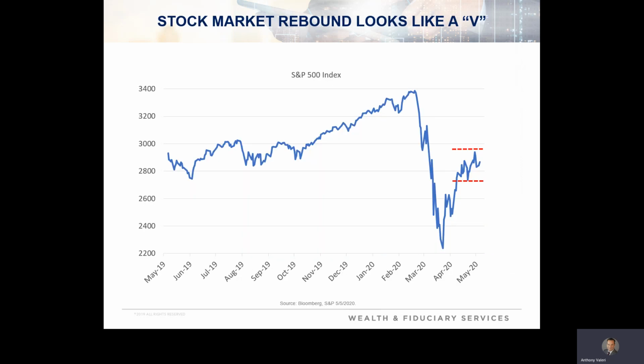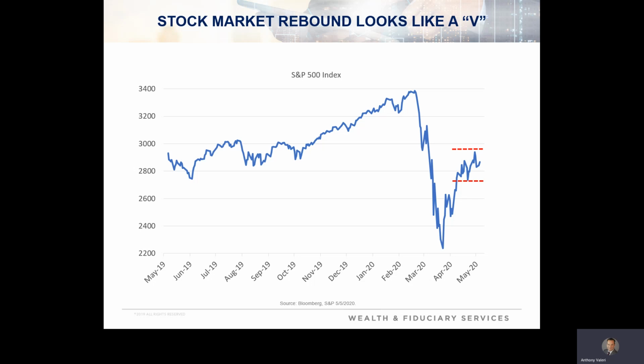What does that mean for the stock market? Well, we've seen a bounce back in the broader market. This is the S&P 500 index, a broad measure of the U.S. stock market. You can see the sharp fall and then the subsequent spike higher. This is essentially a V shape in terms of recovery.